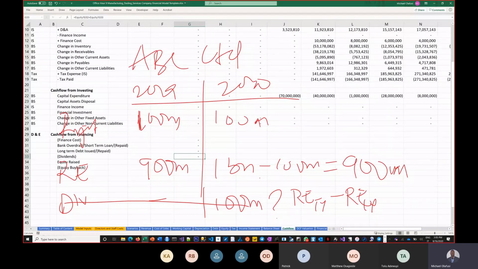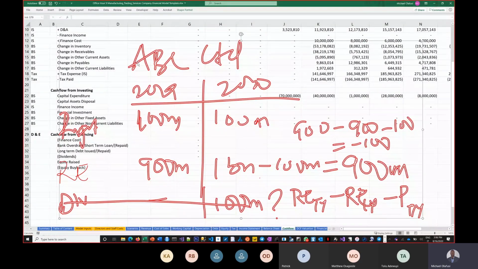So we say minus profits this year, and you will see it gets us the dividend of 100 million naira. Let's do it together. 900 million minus last year's 900, then minus this year's profit 100. The 900s cancel themselves out. The answer is minus 100. And because dividend is a cash outflow, that's why it's coming as a minus. So that's the formula if you do not have an equity schedule that you can directly pick the dividend from.